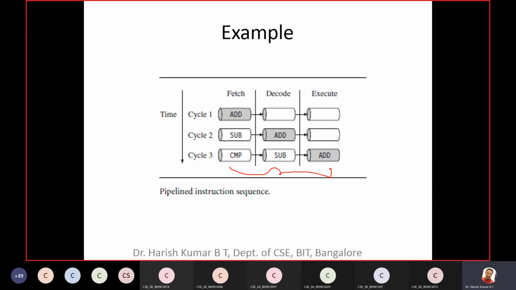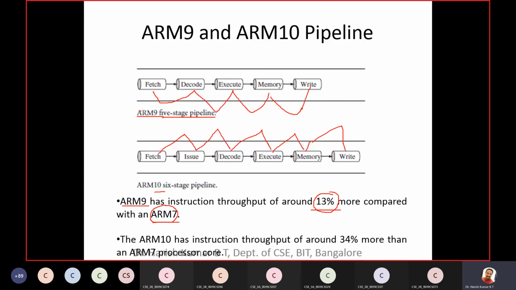In the third clock cycle, only 3 things are overlapped. On ARM9, a 5-stage pipeline processor, in the 5th clock cycle, 5 things will be overlapped. And in ARM10, in the 6th clock cycle, 6 different things are overlapped, and all of them are getting executed simultaneously.